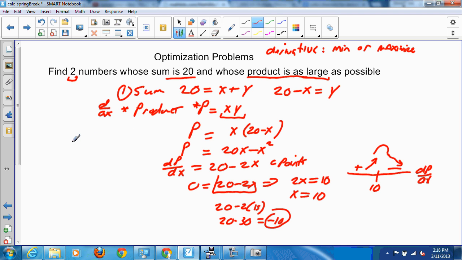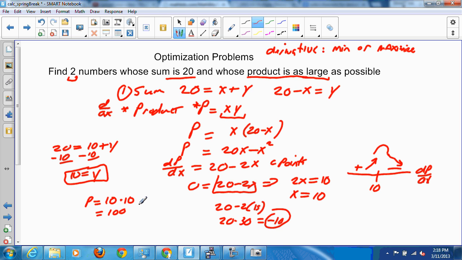All we have to do is go back and figure out what the product would actually be. If x equals 10, to figure out the y value, this is an easy one. Subtract 10 off and you get that y equals 10. So go back to the product, and of course the product would be 10 times 10. So the maximum product that satisfies this equation is 100.